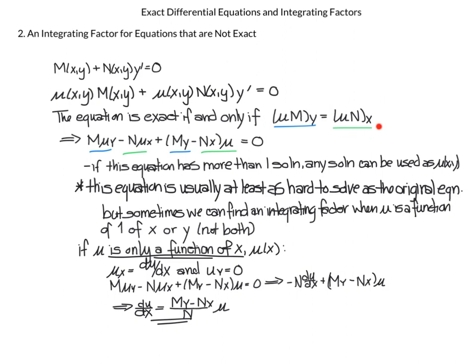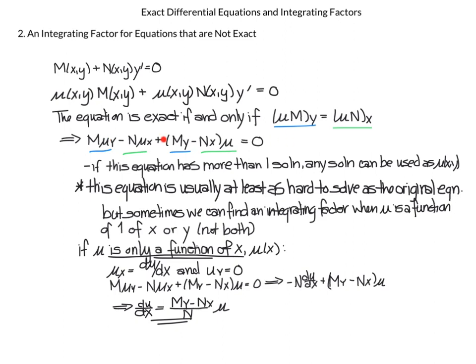Similarly, when we look at μN with respect to x, that will come in two parts, and that will be by the product rule, the partial of μ with respect to x times N, which is right here, and then we'll have the partial of N with respect to x times μ. So here's N_x times μ. And then since these two are equal, what we'll have is when we sum them all together, we'll get that equal to 0.